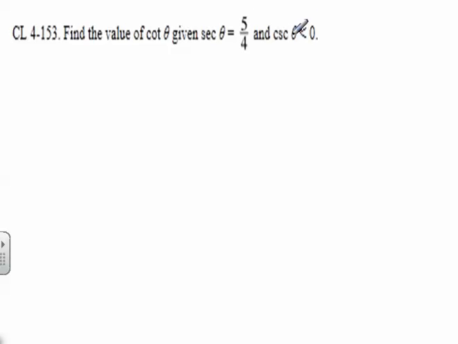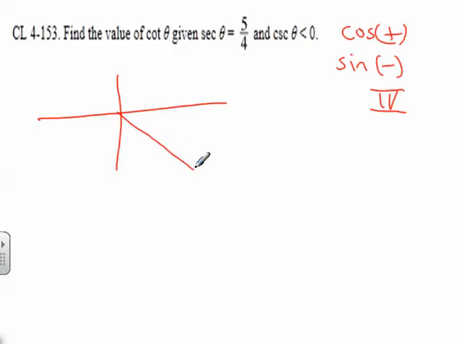So that means it's the quadrant where, because the inverse of secant is cosine, cosine is positive and sine is negative. So which quadrant is that? Well, the only quadrant where that occurs is quadrant 4. So when I sketch this, I'm in this quadrant, quadrant 4.